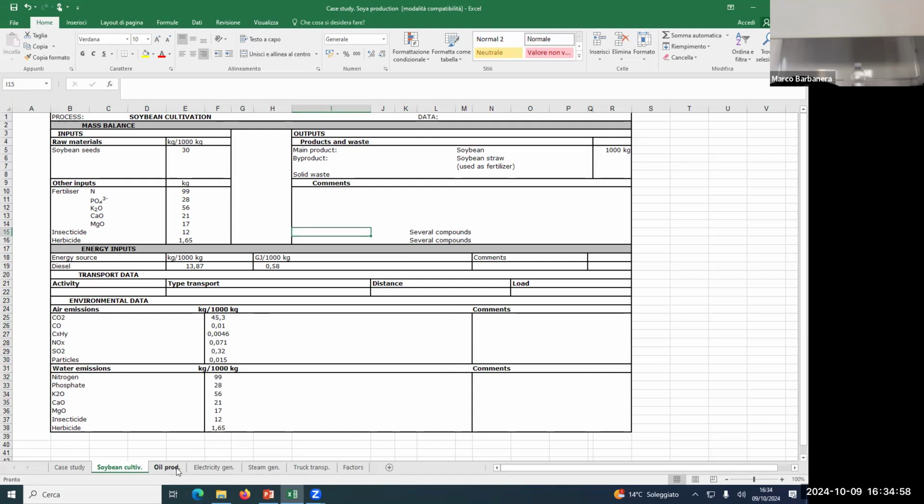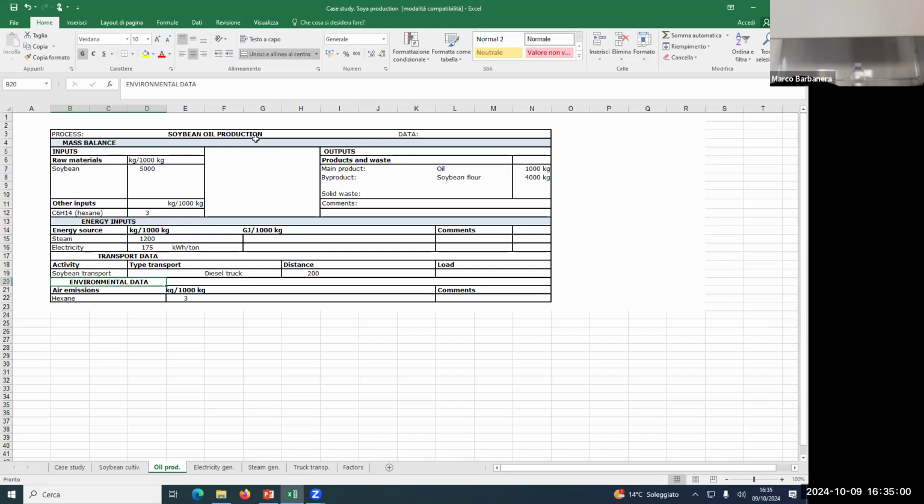In this sheet about soybean oil production, you can see the table for input and output data about the production of oil. These input and output data are referred to 1,000 kilograms of soybean oil.